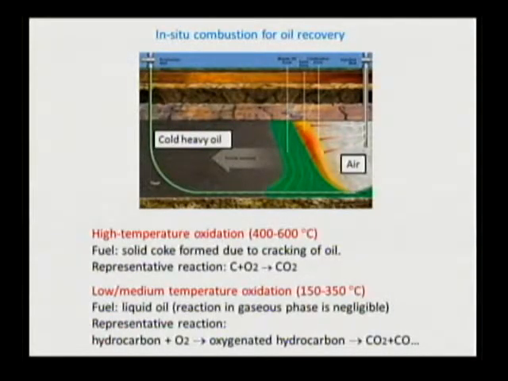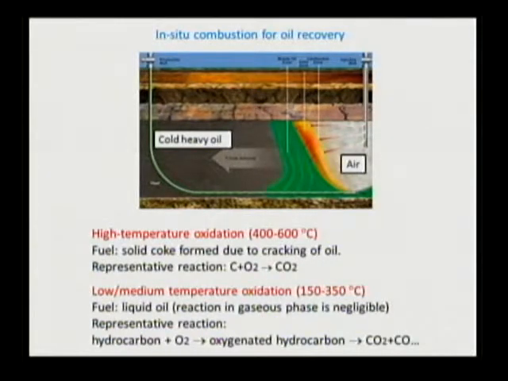This is also a slide I think was shown by Negre. The message is the following. Essentially there are two types of reaction. One, high temperature oxidation, happening at high temperatures. This is usually based on the fact that at these high temperatures, the oil cracks.